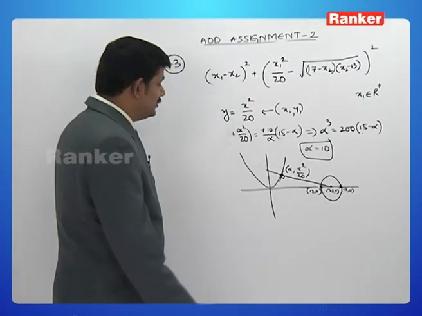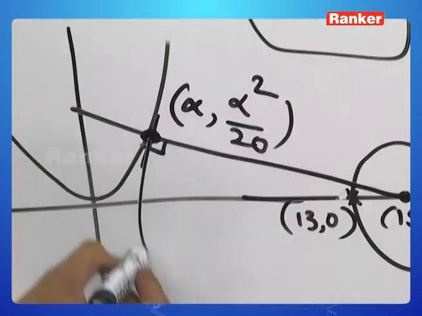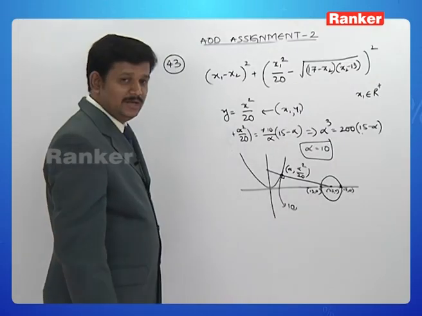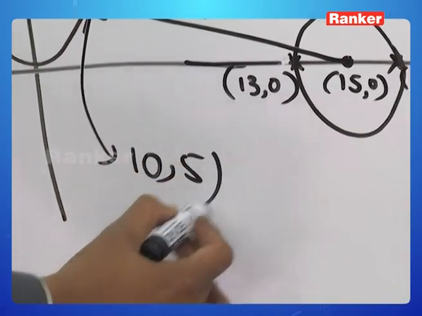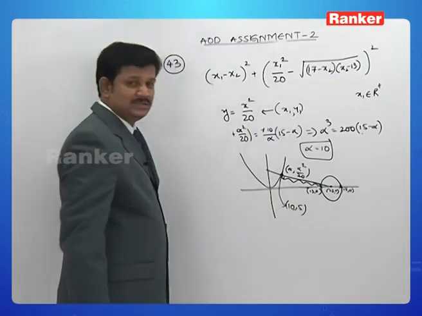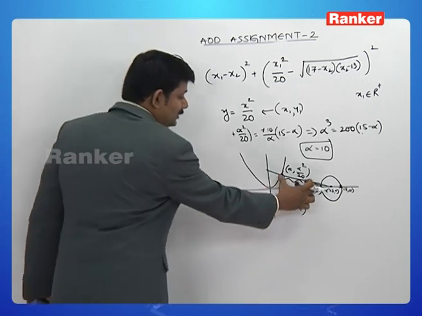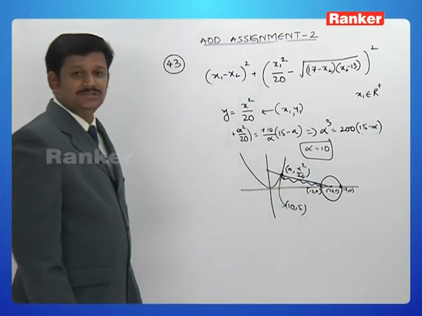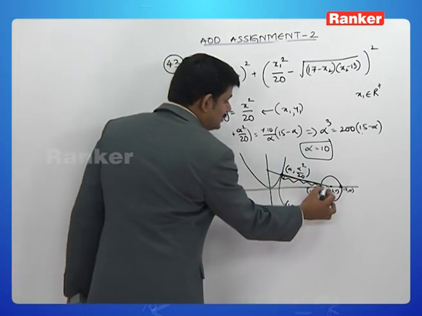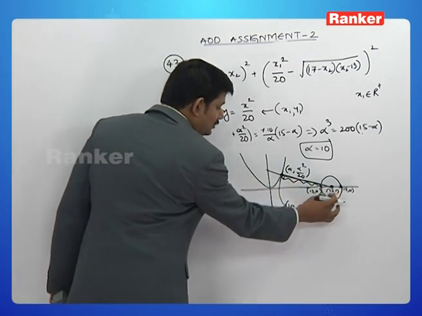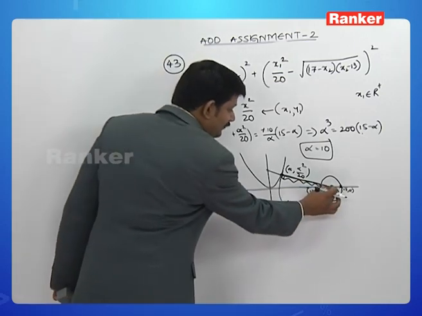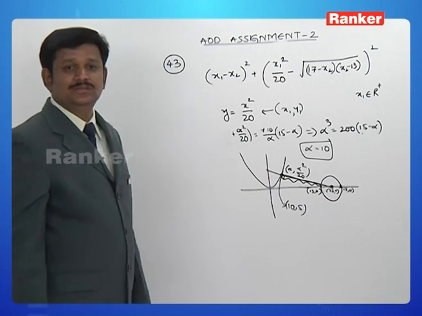So, the point on the curve is alpha, which is 10, comma alpha square by 20, which is 100 by 20, 5. So, we need to find the distance along the common normal. This distance would be the answer for our question. This total distance is the distance between the points 15 comma 0 and 10 comma 5, and from that we need to subtract the radius of the circle, which is 2.